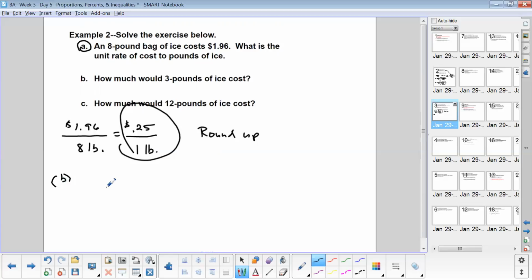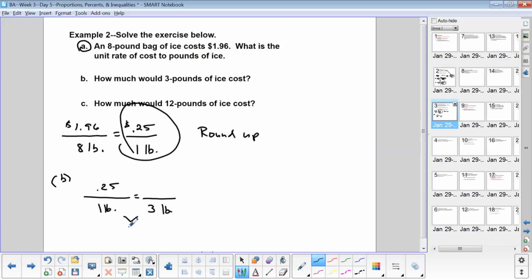Part B, how much would a 3-pound bag of ice cost? Well, it's using that same idea as the slide before. If we know that it's 25 cents per 1 pound, then we just want to know what it would be for 3 pounds.